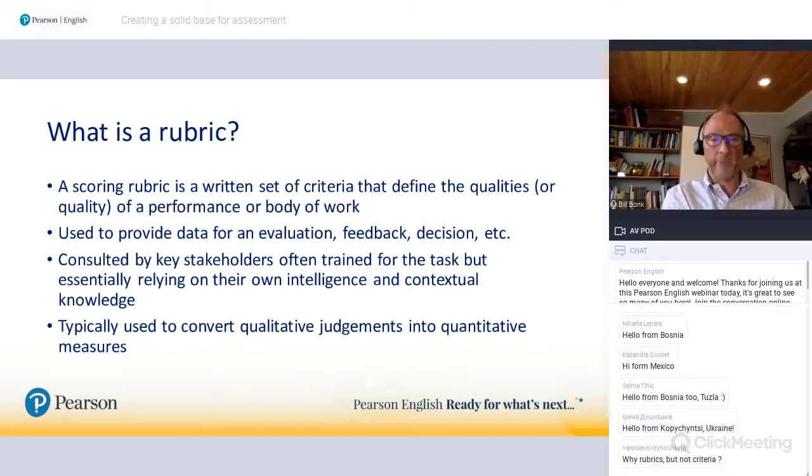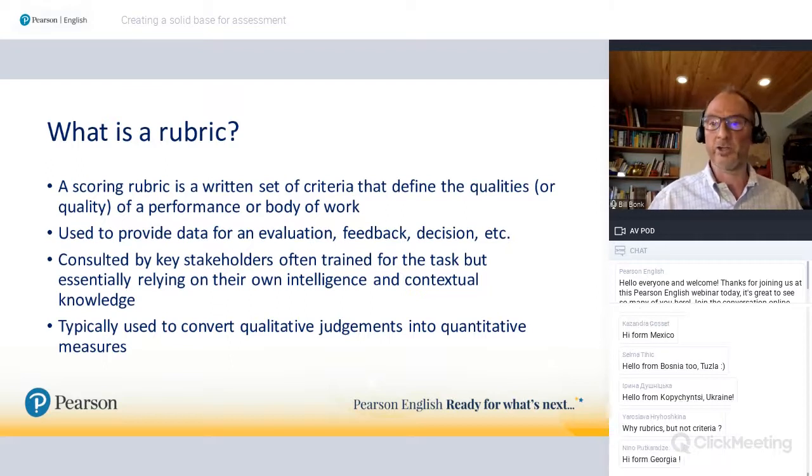These are your raters, often trained for the task, but essentially they are not robots. They are not being trained to do things in a lockstep fashion. We're using humans because we want their intelligence and their contextual knowledge about this situation to help us make judgments about people or make an evaluative decision or provide some feedback.